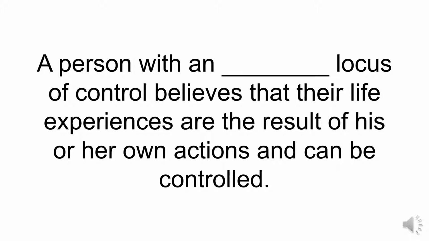A person with a blank locus of control believes that their life experiences are the result of his or her own actions and can be controlled. So, what type of locus of control belief system is this?